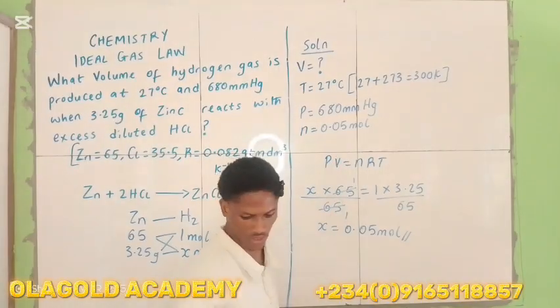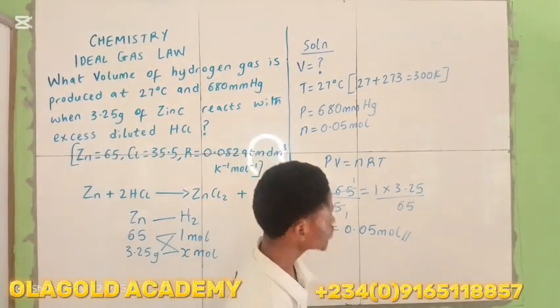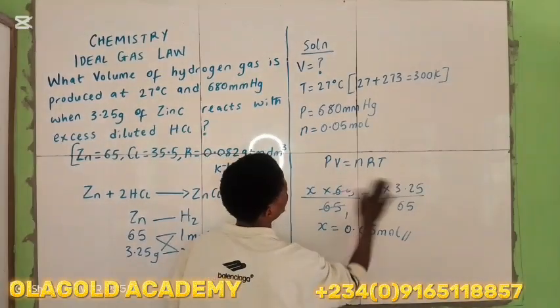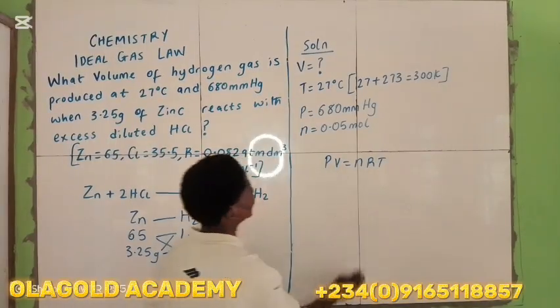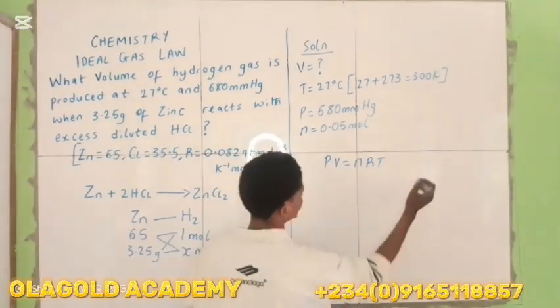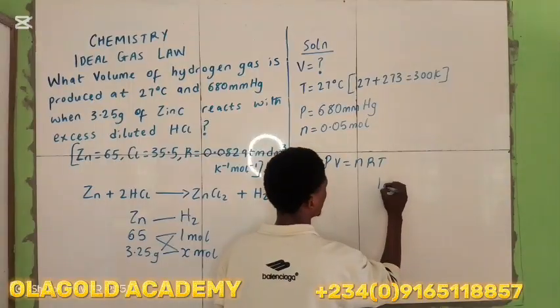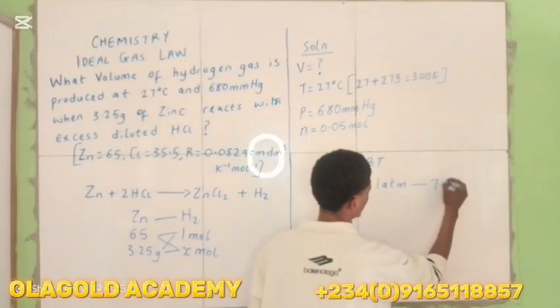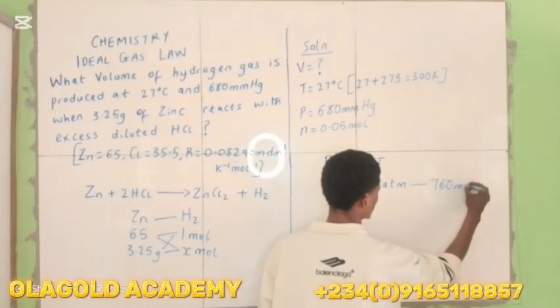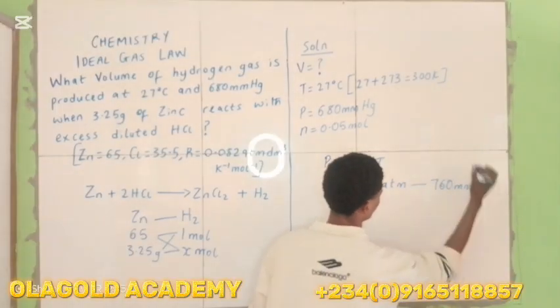All I need to do is this: 1 atmosphere is 760 millimeter mercury.